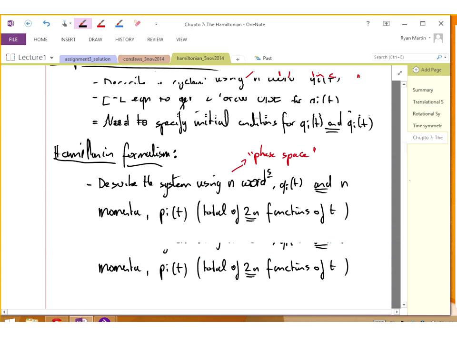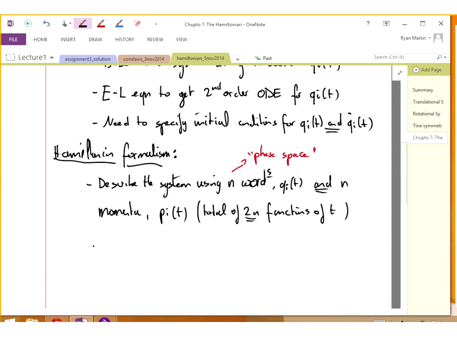So that part's annoying because we now have to solve for 2n different variables. But then the part that's easy is now we have 2n first order ODEs. So instead of having n second order ODEs, we'll end up having 2n first order ODEs. But mathematically, we know that's equivalent, right?